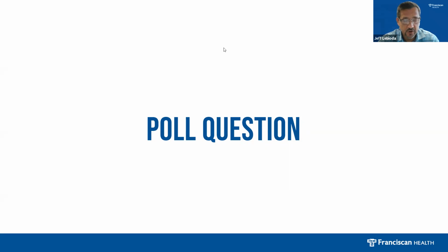Choose one of those four options. Let's give everybody time to respond. Okay, looking at the numbers, it looks like we have participants in today's seminar who are here for many reasons, and the number one reason is, I have unsightly veins and want to learn how to get rid of them. That's 65% of you. That's great.